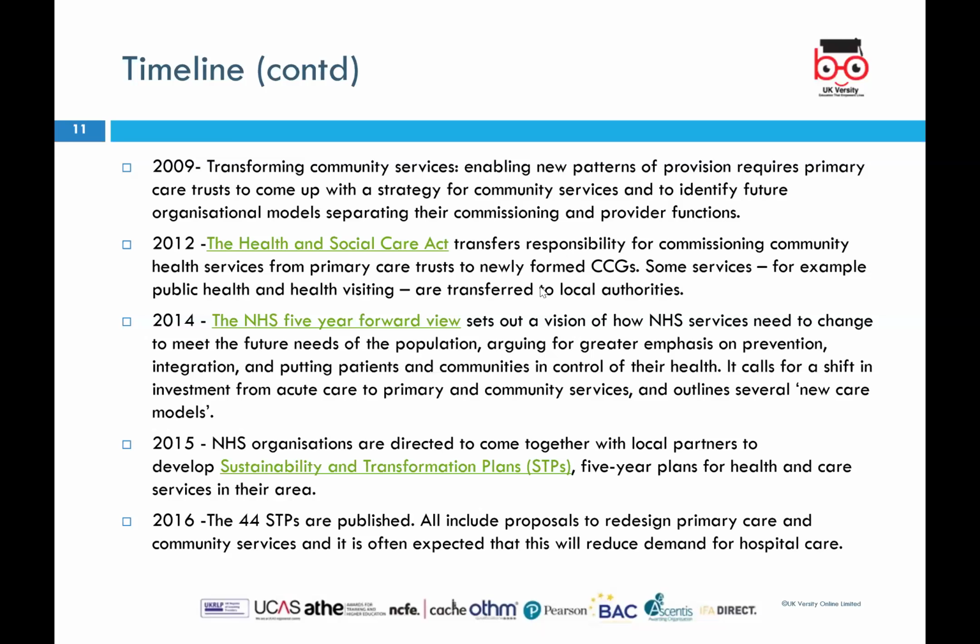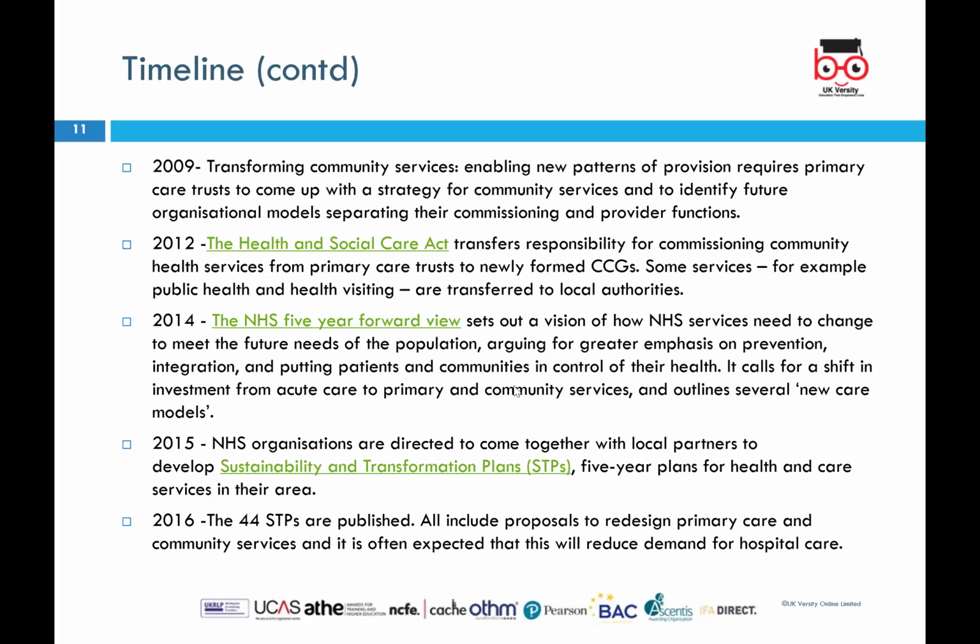In 2014, you had the NHS Five Year Forward View that sets out a vision of how NHS services need to change. So there have been various changes from the very beginning. There was more investment moving from acute care to primary and community care services, and this outlined several new care models. In 2015, NHS organizations were directed to come together with local partners to develop sustainability and transformation plans, called STPs, five-year plans for health and care services in the area.